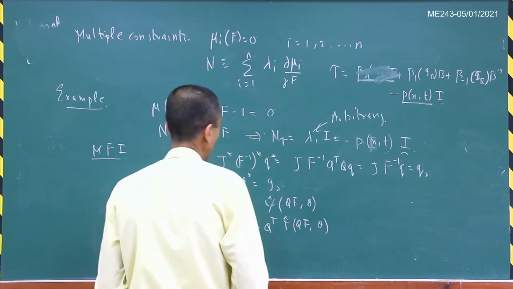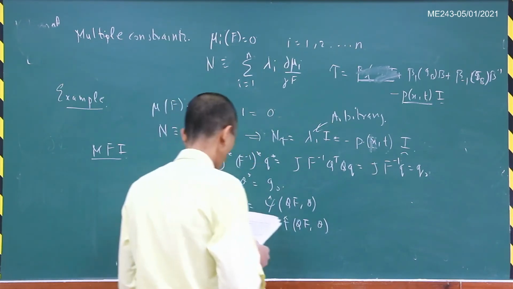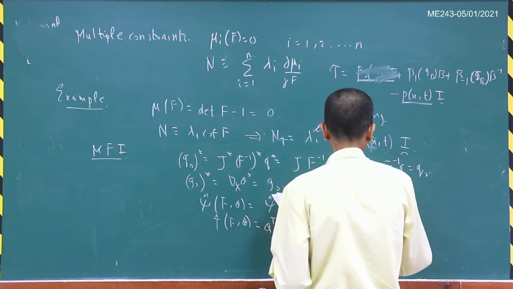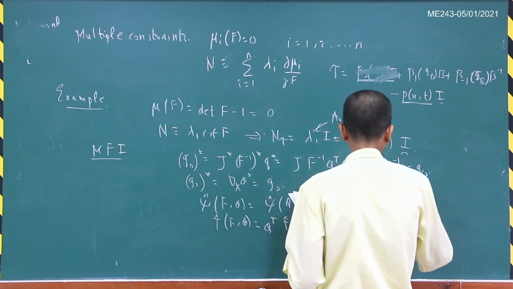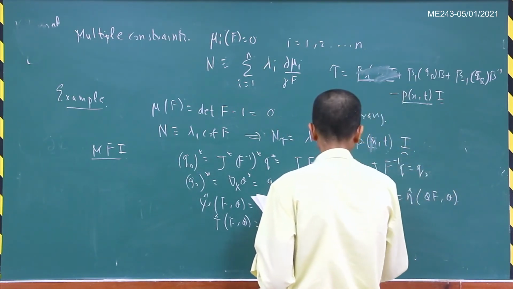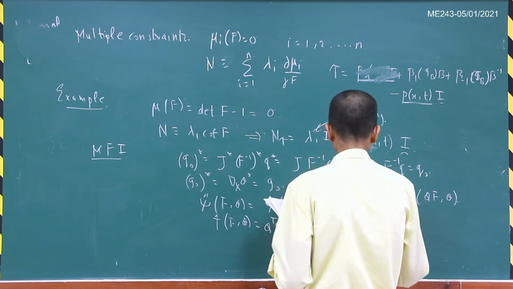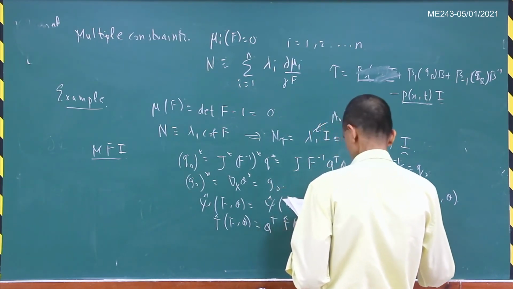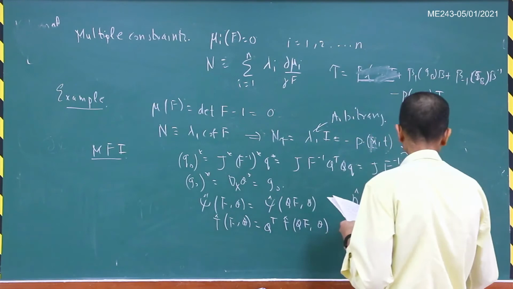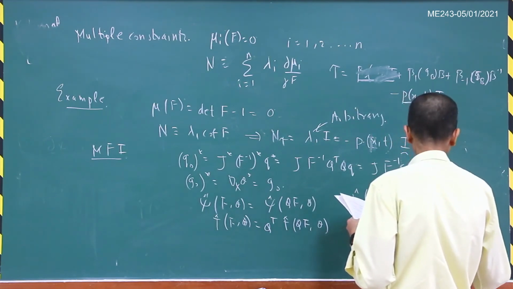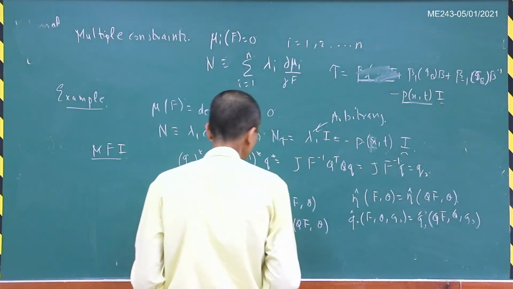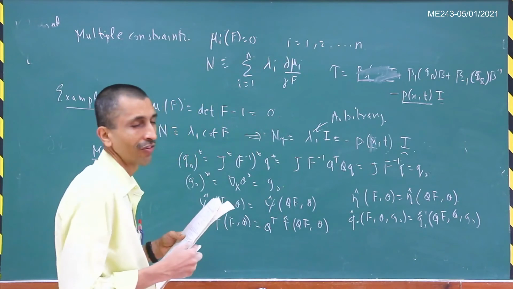So this is the restriction on the first Piola-Kirchhoff stress, and then the restriction on the entropy, eta hat of F comma theta equal to eta hat of QF comma theta, and q hat naught of F, theta, G naught is equal to q hat naught of QF comma theta comma G naught. So now these are the restrictions that are imposed by the principle of material frame indifference.